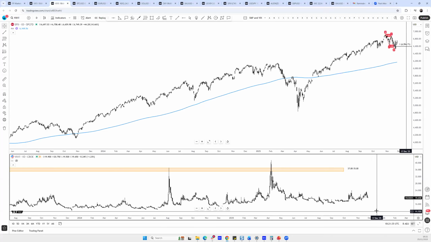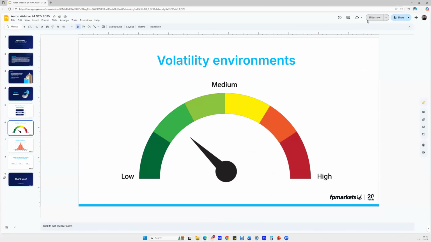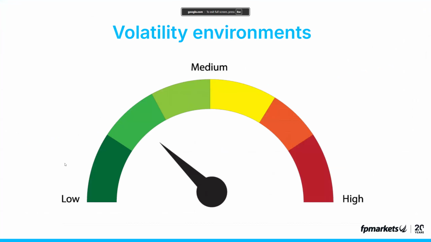So an annualized one standard deviation move. Look, I know, guys, I know this can be confusing. Let me try to clear things up and go back to the slides here. Bear with me, guys.